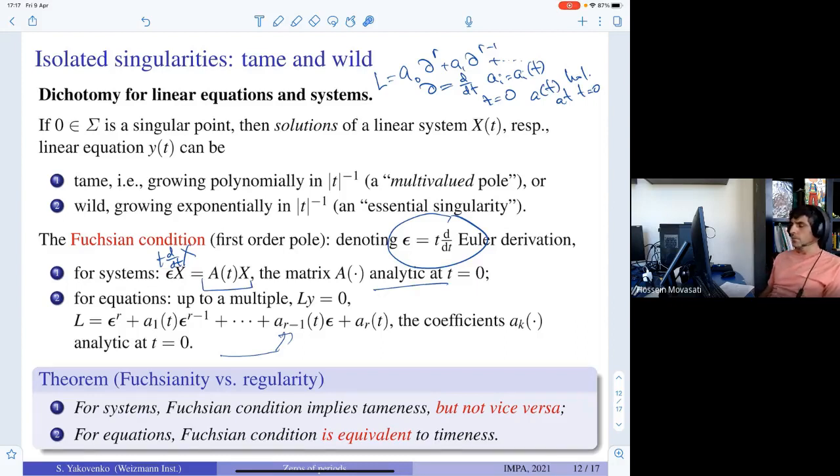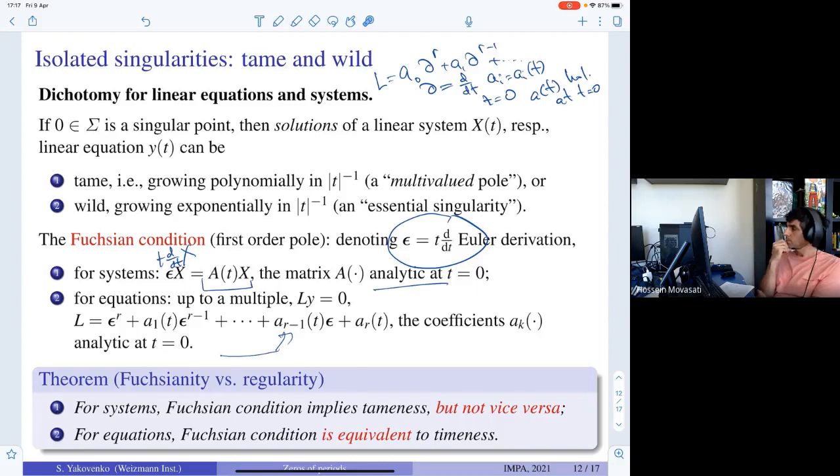Then the claim is that the leading coefficient can be made 1. So the Fuchsian condition is the non-singularity assumption, but with respect to the Euler derivation, which means non-singularity in the logarithmic chart, because the time variable associated with the Euler derivation is the logarithmic time.